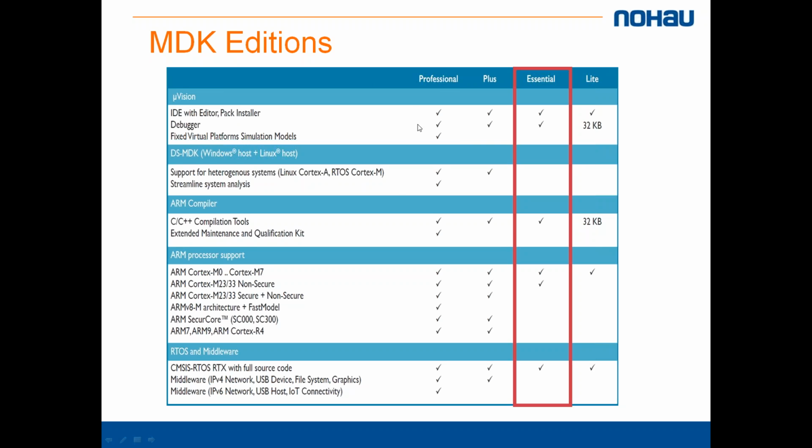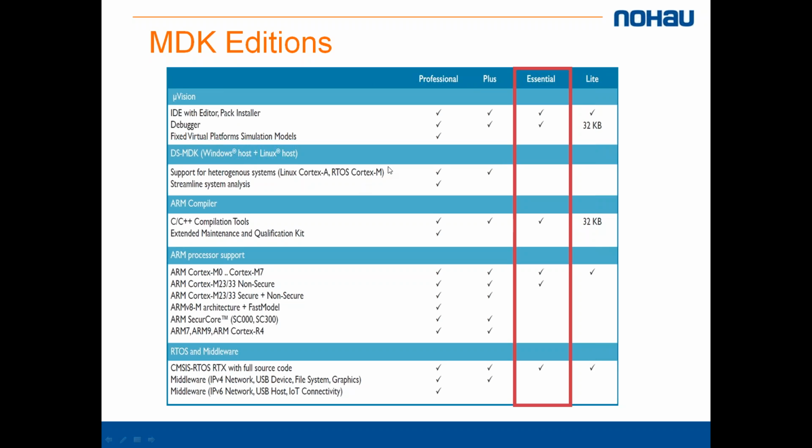Then we have the Professional version. The Professional version is the full-blown version. You have the IDE and the debugger, and also the Fixed Virtual Platforms. So if you're looking to develop code on a core for which there is no silicon yet, for instance the Cortex-M23 or M33, then you can use the Fixed Virtual Platforms to do so.